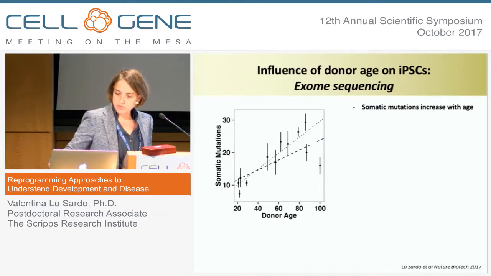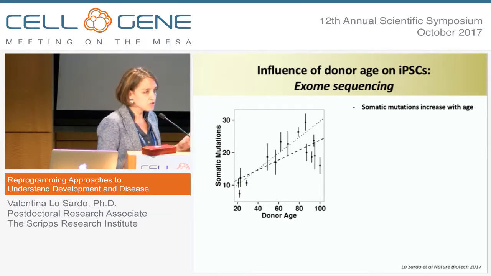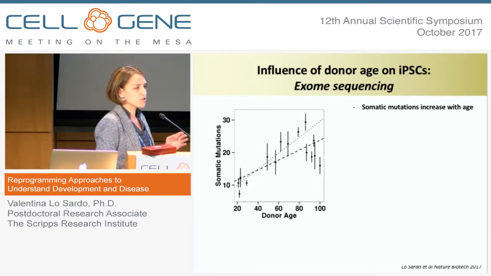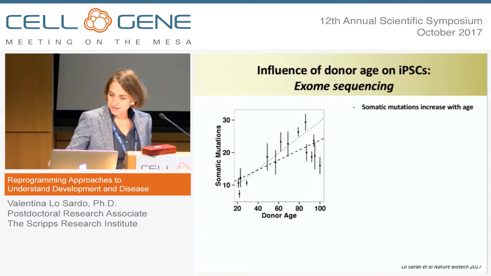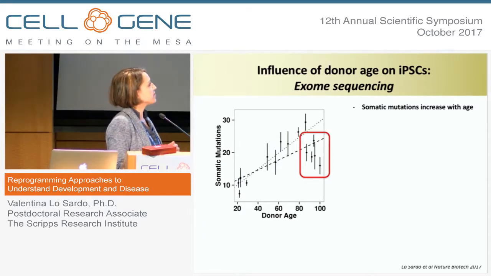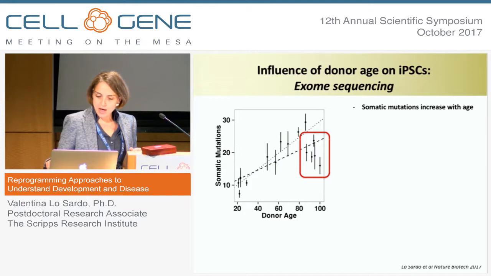So we went on and reprogrammed more cells, spanning age 90 to 100, to see if this reduction was actually true. And indeed it is. It's very interesting that very old donors actually have way less mutation than expected. And this is something we can discuss later probably.